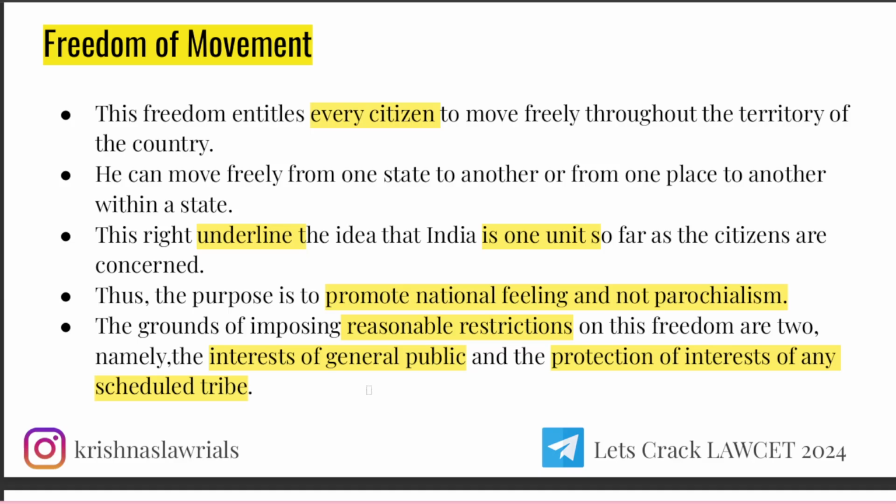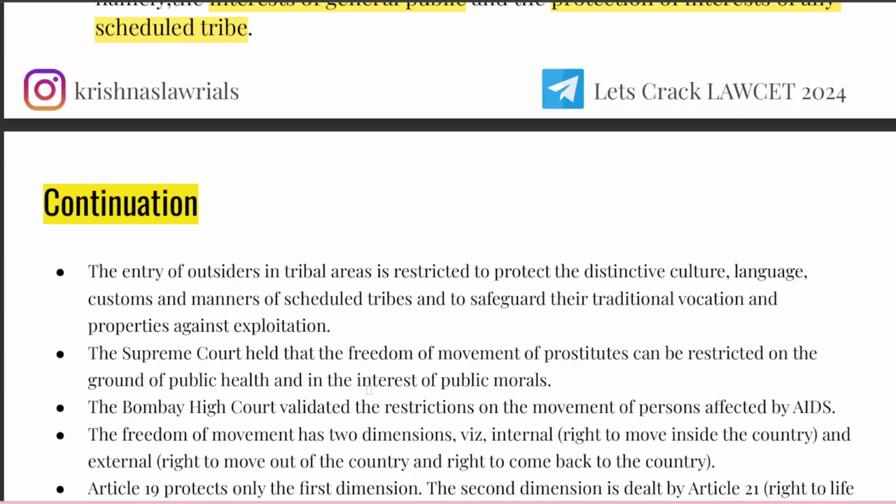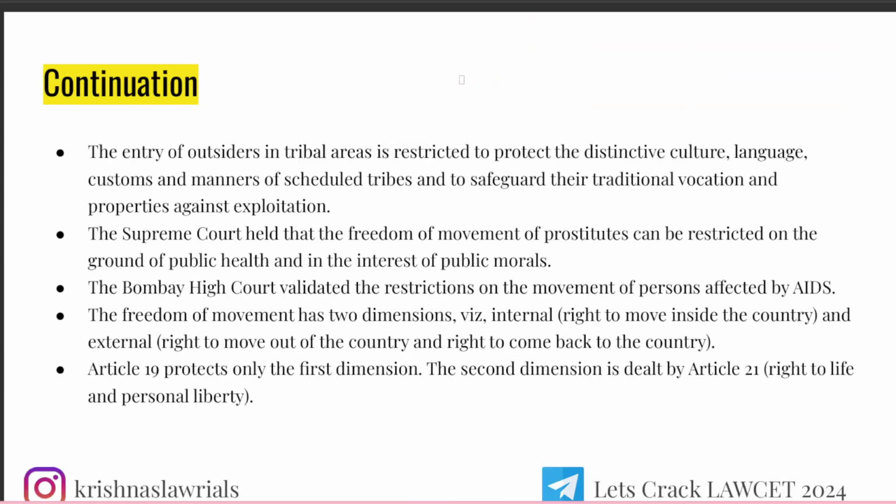It is all nature, forest, animals, and there'll be a small village. Those people are known as tribes. So this restriction is imposed to protect the culture, language, and customs and manners of the scheduled tribe and to safeguard their tradition.